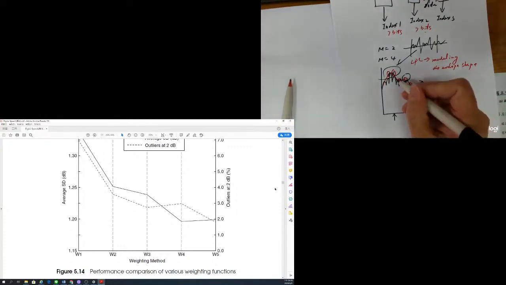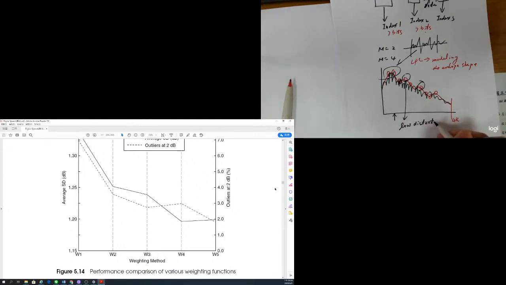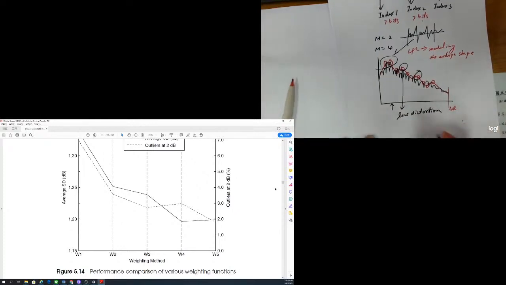We try to keep low distortion for the line spectrum frequency coefficients related to the envelope peak.